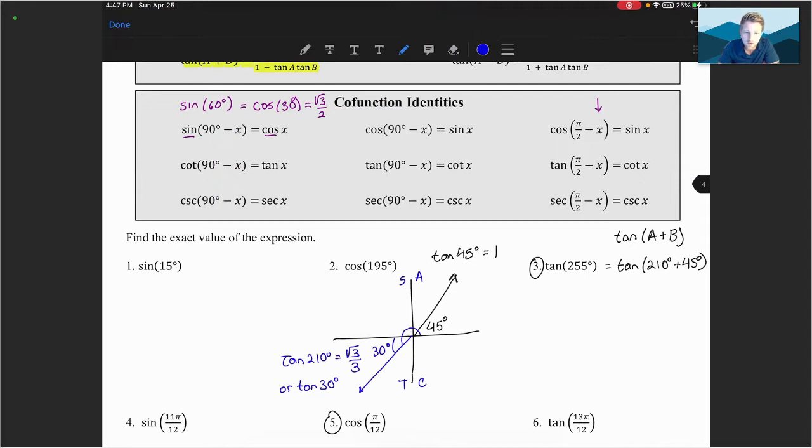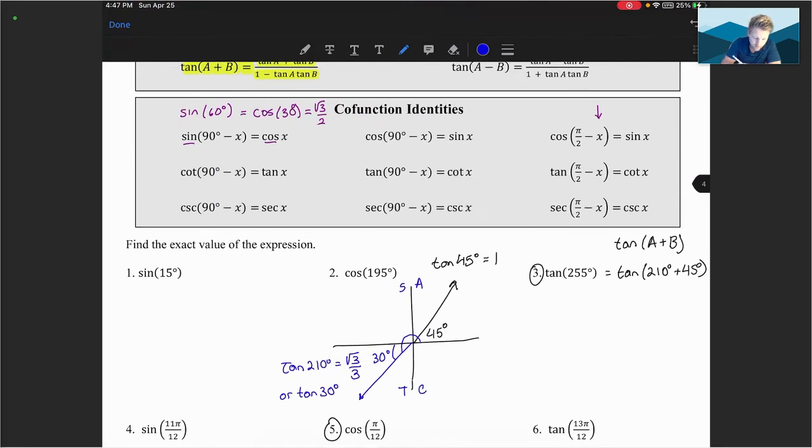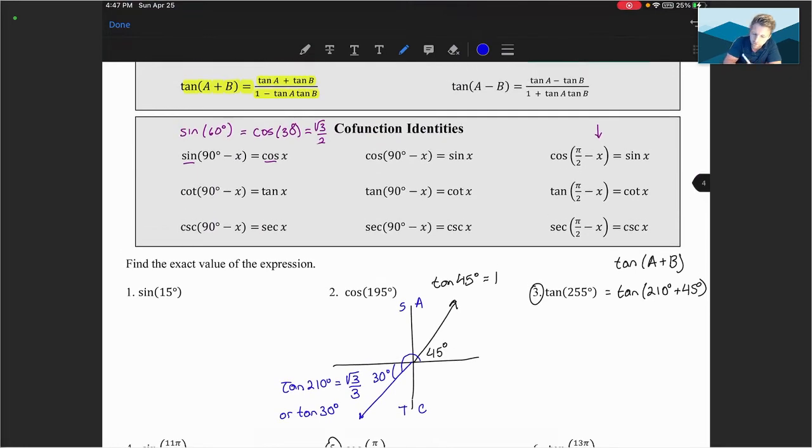So these are the two that I'm going to be using, 1 and square root 3 over 3 for the tangent of 210. So let's rewrite this expression as the following. First, we can rewrite this expression with the collection of tangents, tangent of A, which is tangent of 210, plus the tangent of B, which is 45.